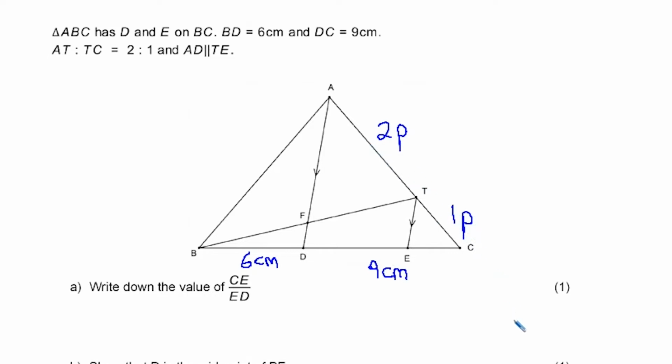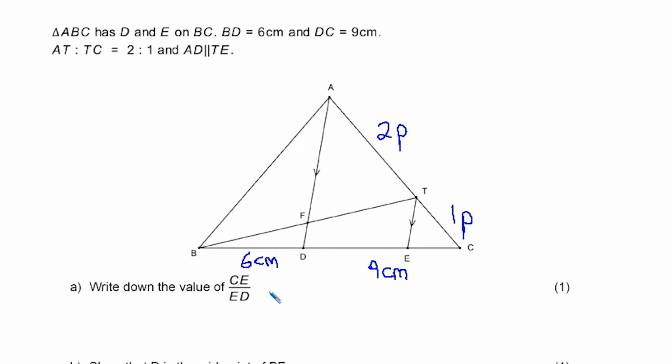Right, next up, the question asks me to just write down the value of the ratio CE to ED. Again, this is where it's helpful to turn your book around. What we're seeing here are these parallel lines, and because of those parallel lines, we have our proportional intercept theorem.